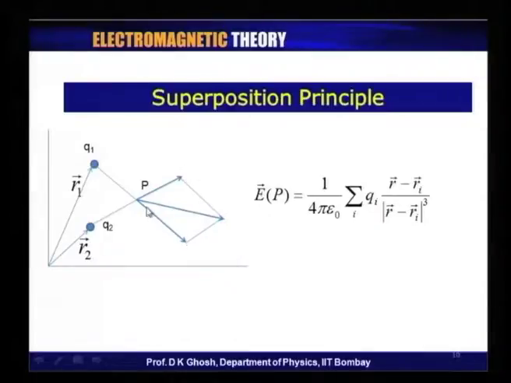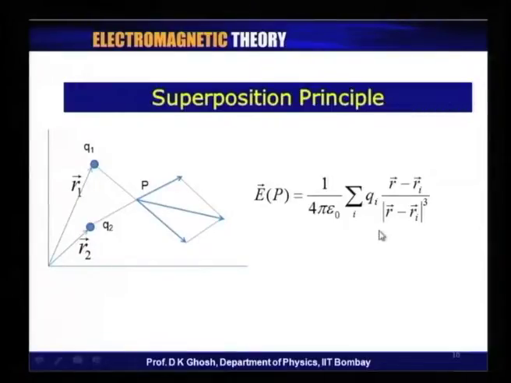You do a vector addition. So the resultant field at P due to q1 at r1 and q2 at r2 is the vector sum of the forces exerted on a unit test charge kept at the point P.